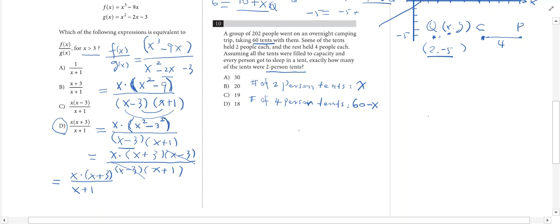So now let's find out how many people will be in the tents in total. Let's represent that.